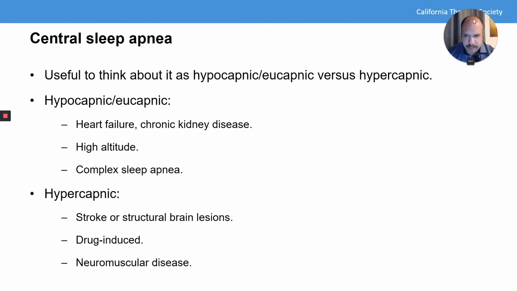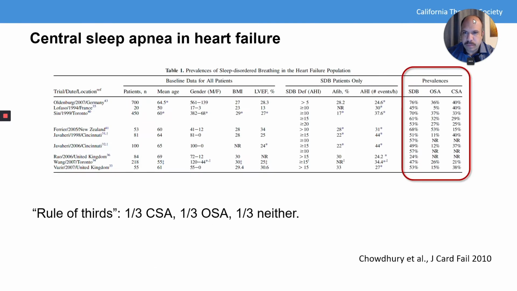In hypercapnic CSA, you're thinking primarily about stroke, structural brain lesions, drug-induced CSA, like opioid-induced, or neuromuscular disease to some degree as well. So we'll talk first about hypocapnic or eucapnic CSA, primarily in the setting of heart failure, and then we'll go into some of the hypercapnic causes of CSA.